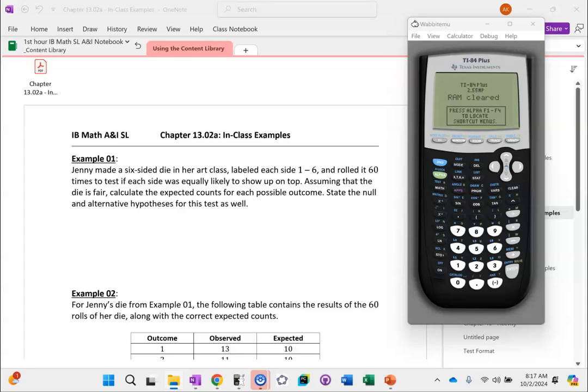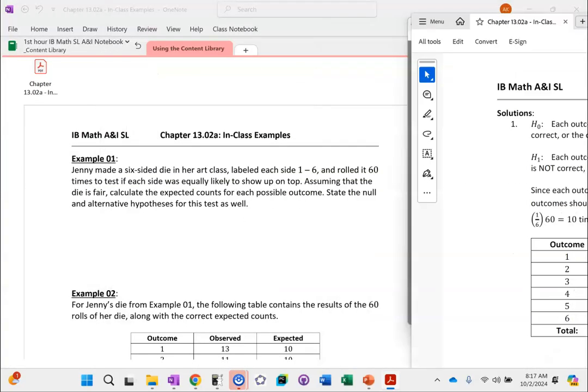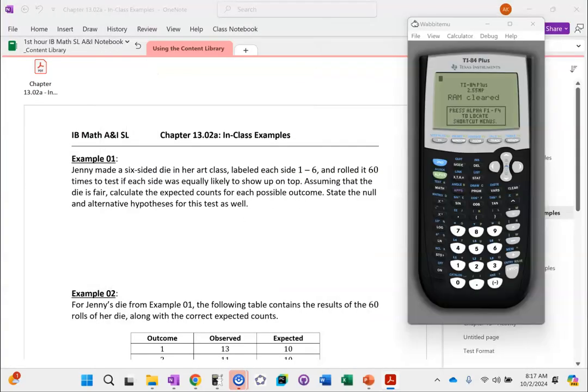Okay, so pretty good. So you'd want to say that. So your first statement is that each outcome is equally likely for the null is good. And then I would just say the same thing as the null, but I would add the word not. That's good enough. Does that feel okay to you guys?